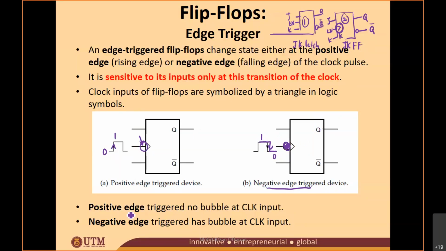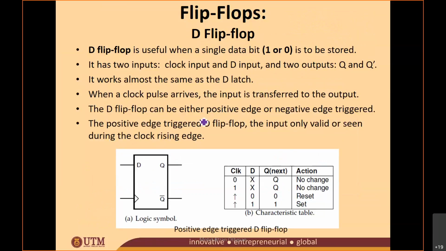So the positive edge triggered has no bubble at the clock input, while the negative edge triggered has a bubble at the clock input. Now you're going to see the D flip-flop, because you already know how positive and negative edge triggered work.